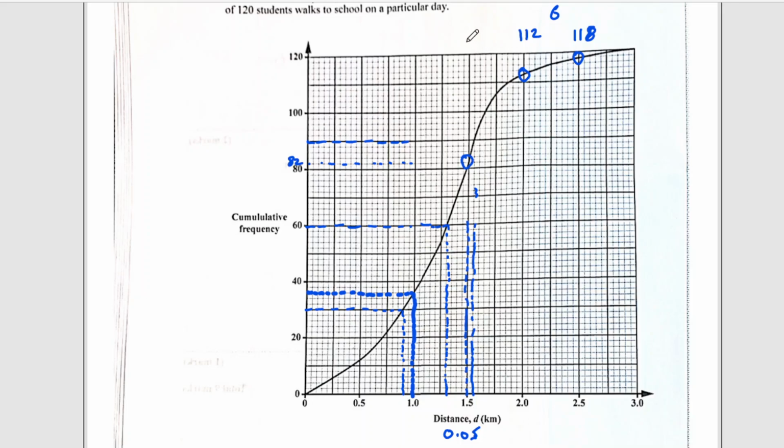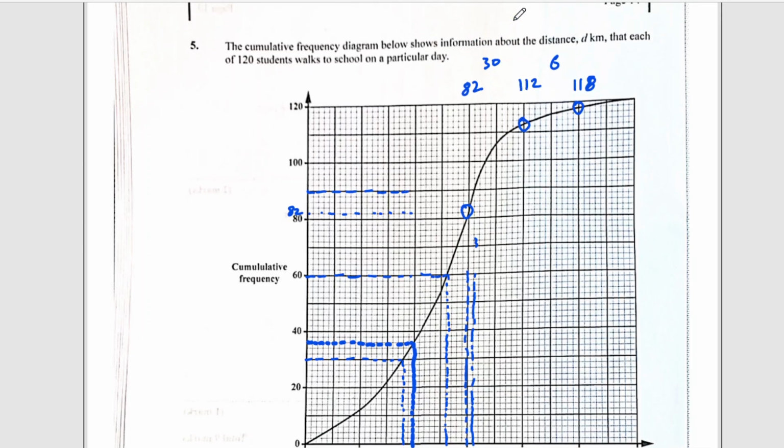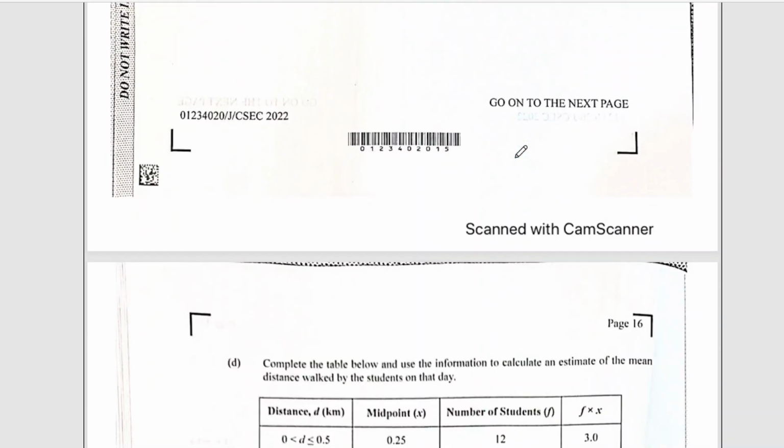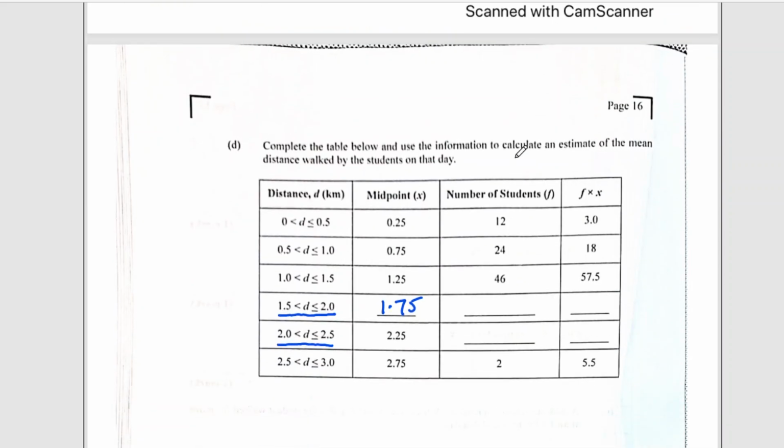So between 1.5 and 2, that is between 82 and 112, we would have 30 students. So this part of the curve, we have 30 students. So we have 6 and 30. So we could fill that into the table now. Right, and now we could work on the rest of the question.